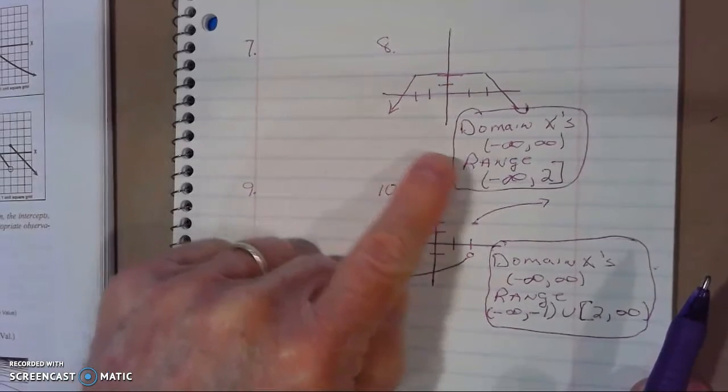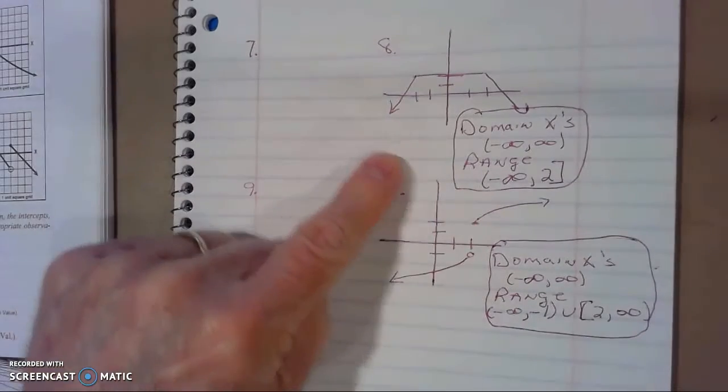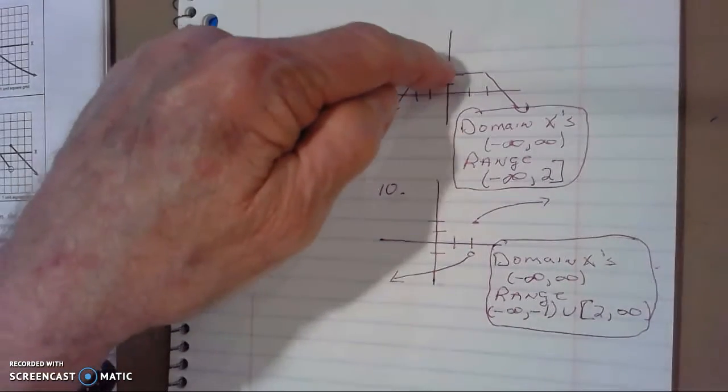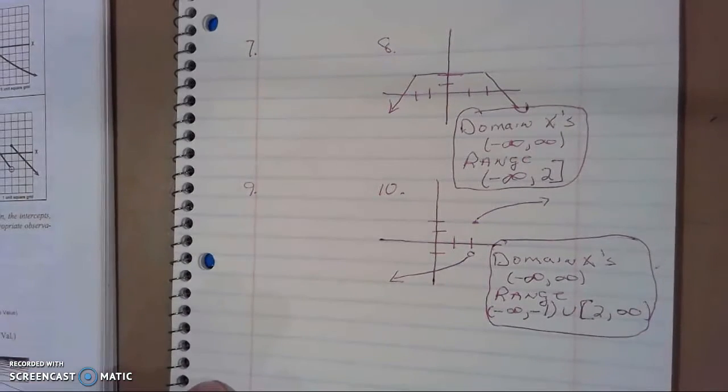Notice the x's, -infinity to infinity. It goes forever to the left, forever to the right. The range goes down forever, so -infinity, but the highest point is 2. Number 9, graph in your book.